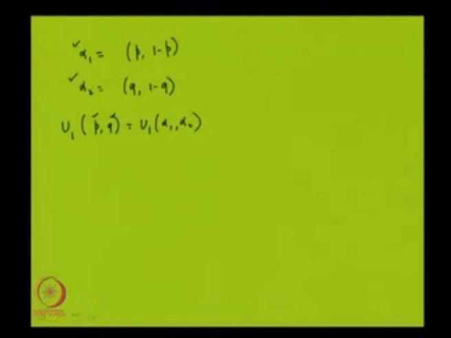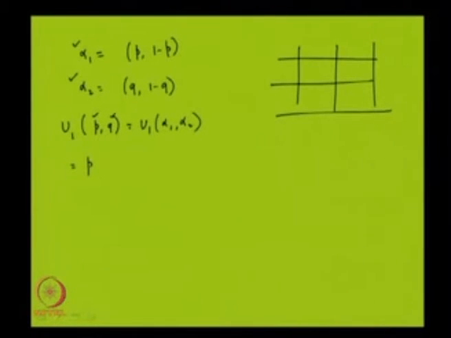Now, what is the payoff to player 1 in this situation? If he is playing the actions with P and 1 minus P probabilities, and the other player is playing the actions with Q and 1 minus Q probabilities. Just to repeat the diagram once again, this is player 2, this is player 1.